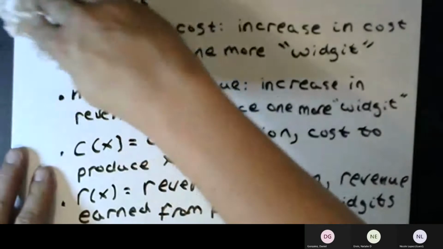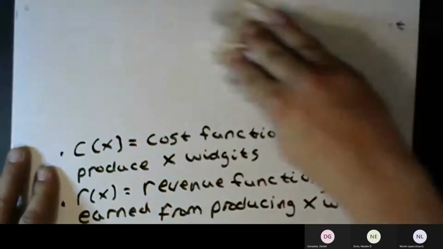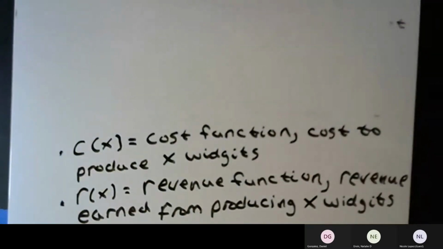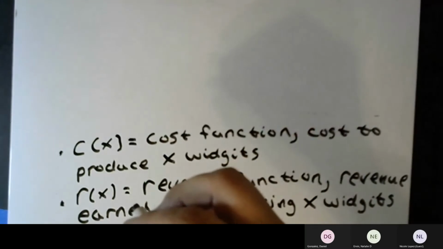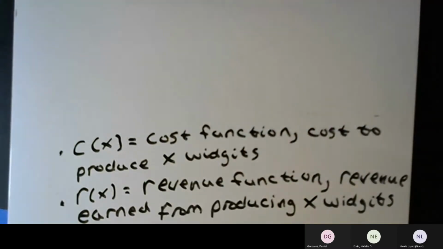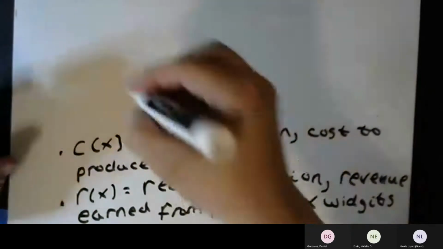So now marginal cost and marginal revenue, we might limit those to say the additional cost to produce one more item or the additional revenue we get for producing one more item. But we might look for something a little more precise. Let's see, I think they are still calling it marginal cost as h goes to 0.